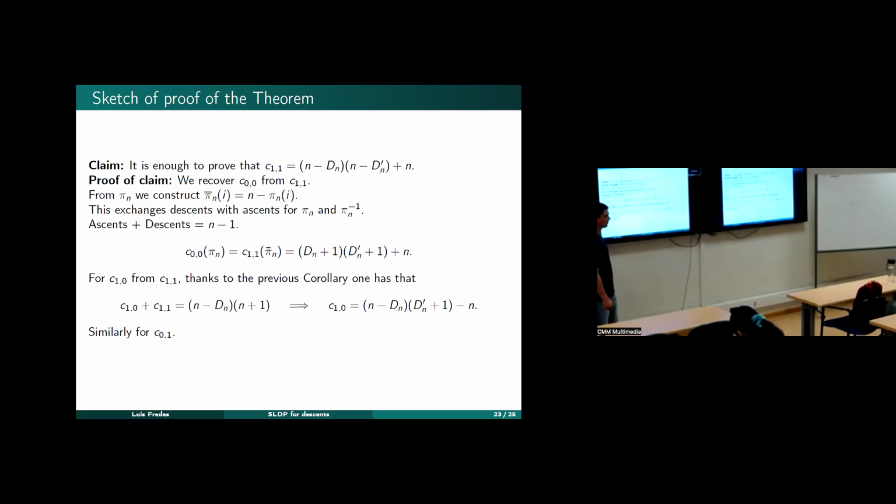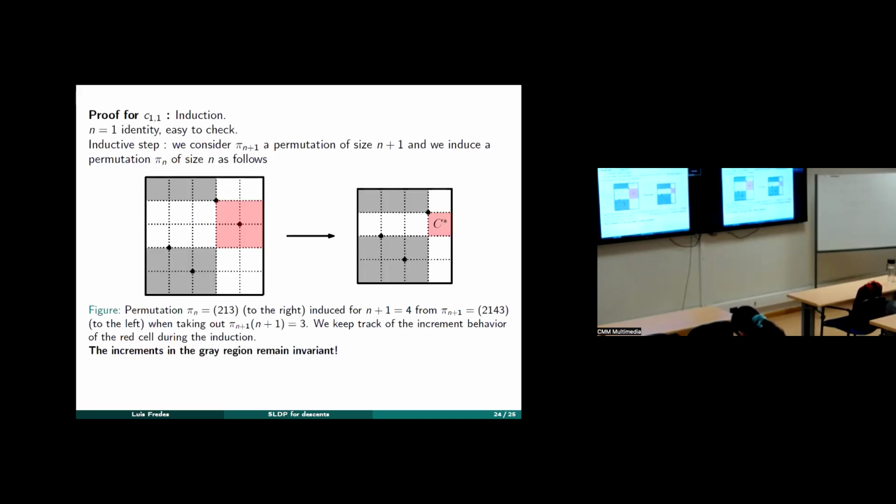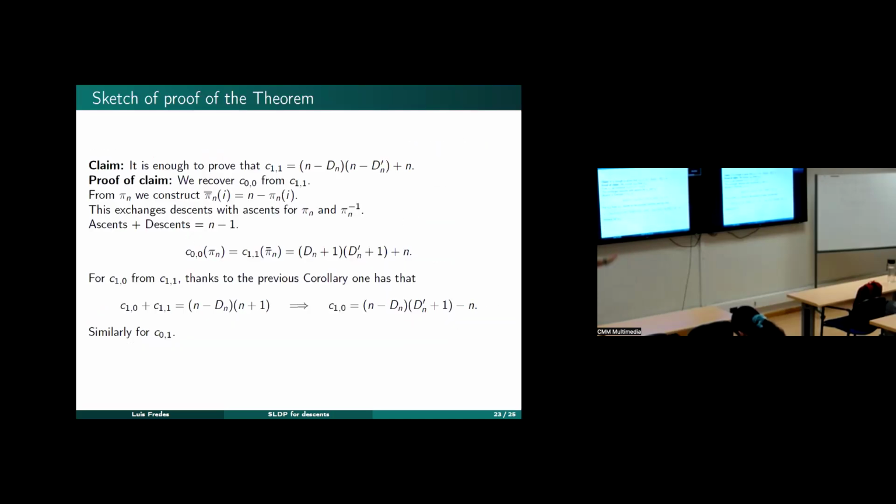That's the first step. And the second one is to say, well, now if I sum the increments 0 on the inverse and 1 on the inverse, I have all the cells with increment 1 on the direct permutation. So this lets me deduce the other ones from C11. So basically, I'm just interested here in proving that C11 is equal to this quantity.